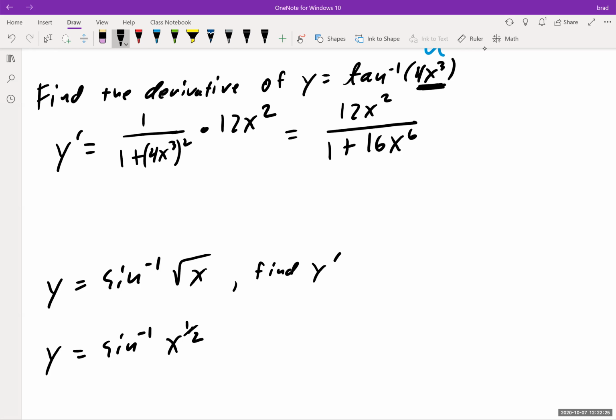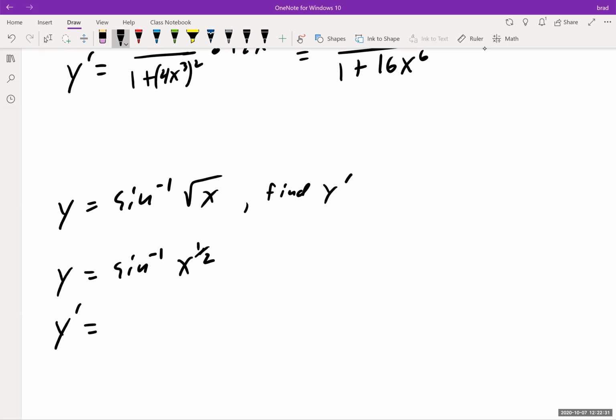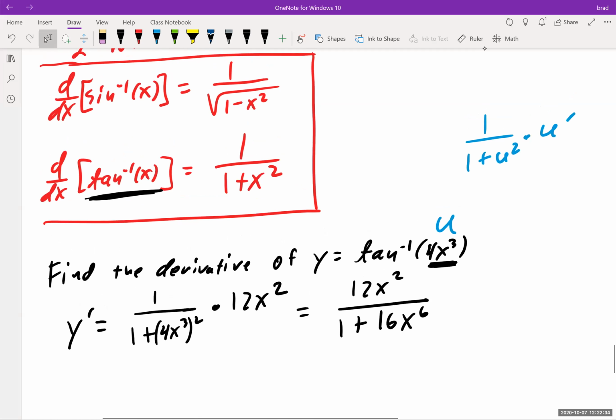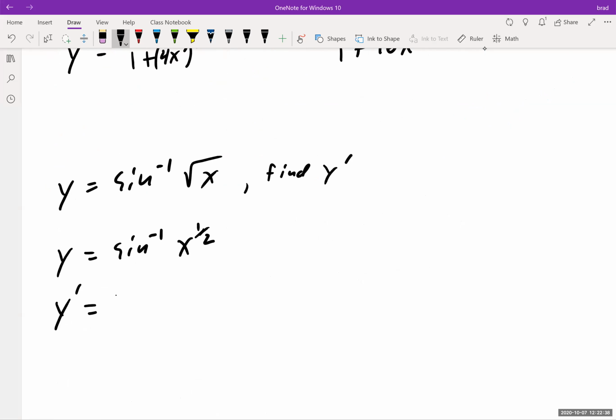Once again, I prefer powers instead of radicals because it's easier to work with. Now if I want to take the derivative, y prime equals, going up here, 1 over the square root of 1 minus x squared. So 1 over the square root of 1 minus x to the 1/2 squared.